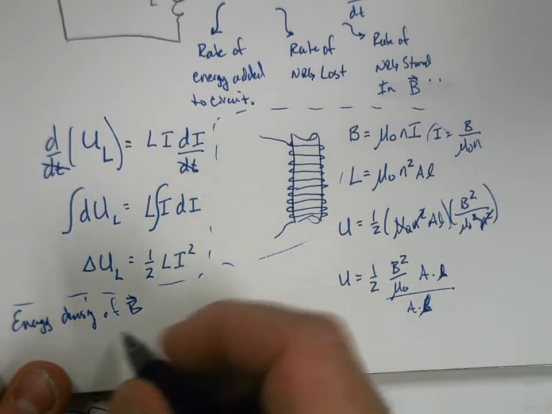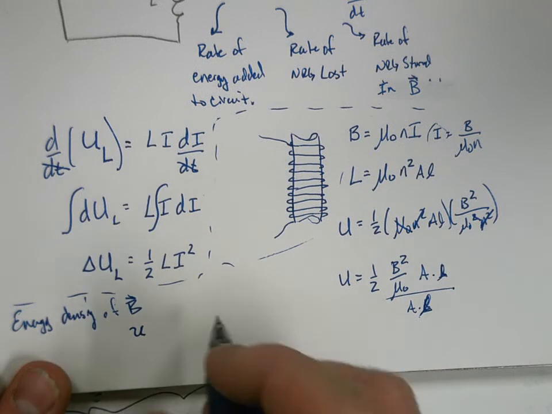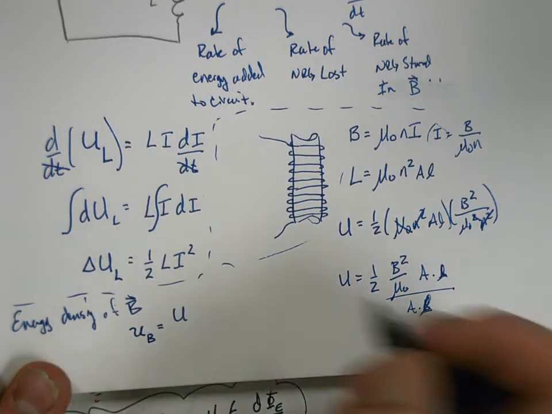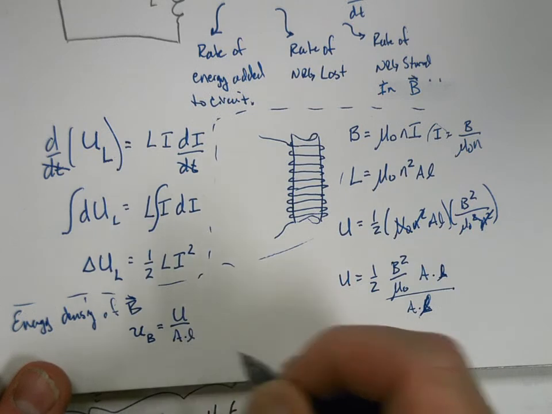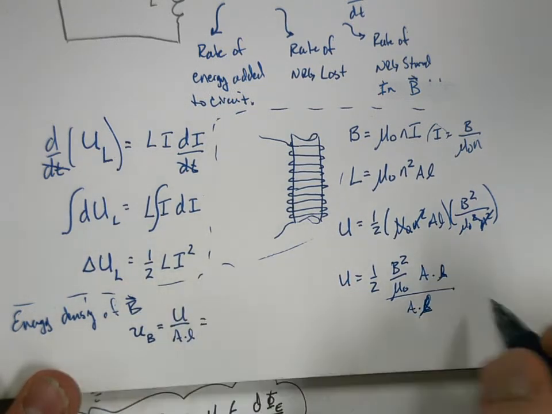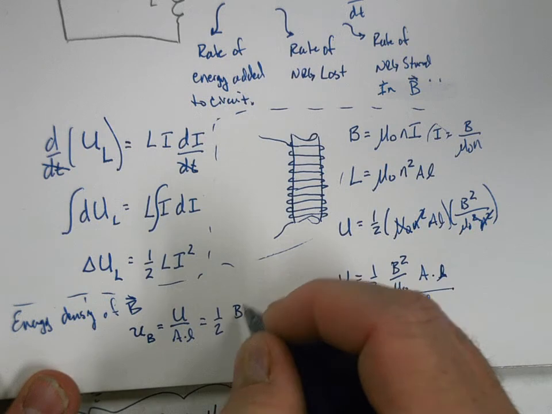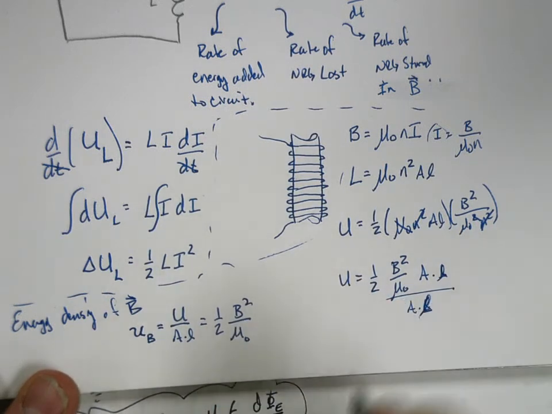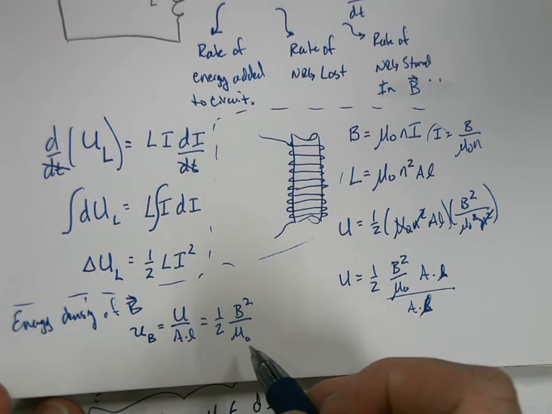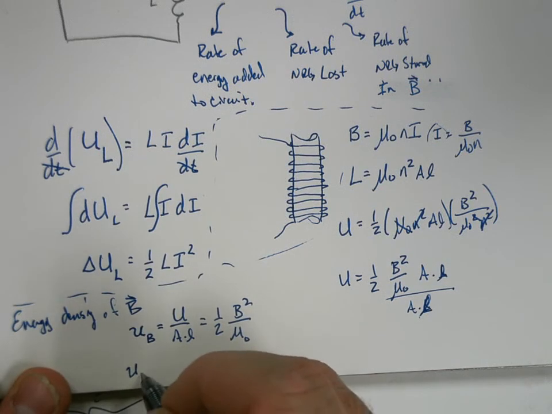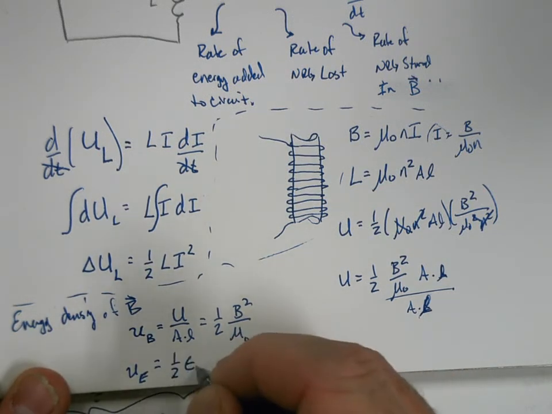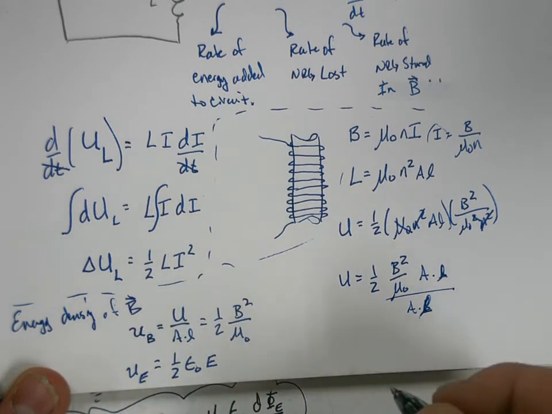Our energy density is given by a lowercase u, which is the energy divided by that volume, which winds up equaling 1/2 B squared over mu naught, which is kind of interesting considering when we calculated our energy density of our electric field, we got that.